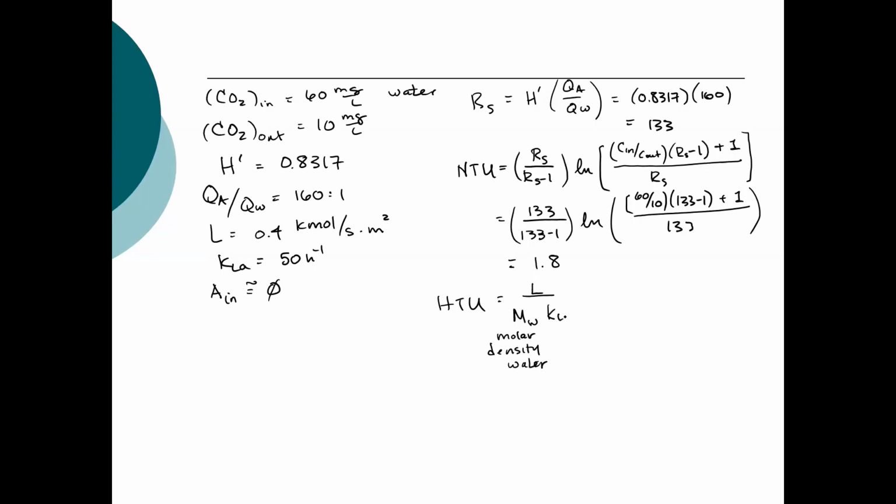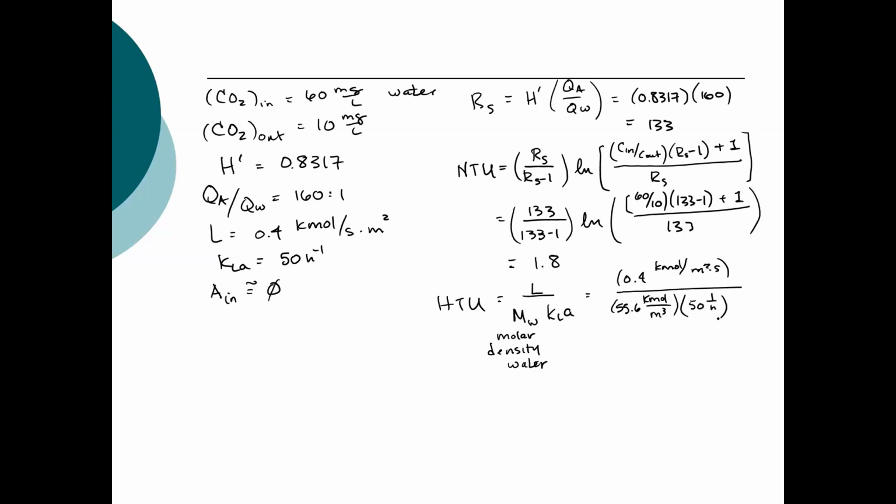And this is equal to, again, units are really important in this, 0.4 kilomoles per meter squared per second divided by 55.6 kilomoles per meter cubed. So that is the molar density of liquid water, times our mass transfer coefficient.